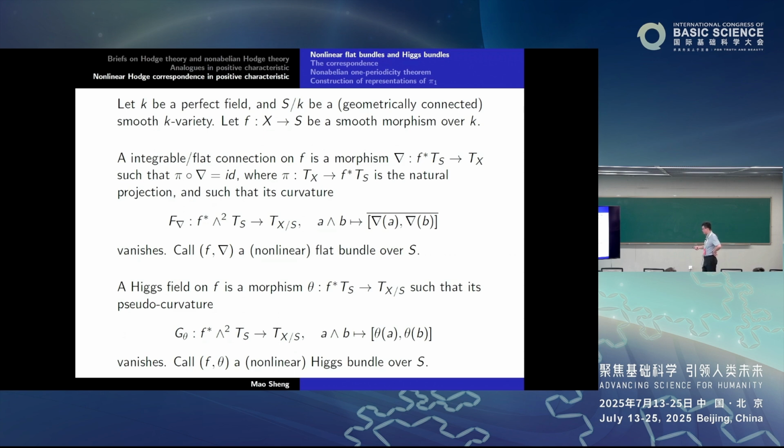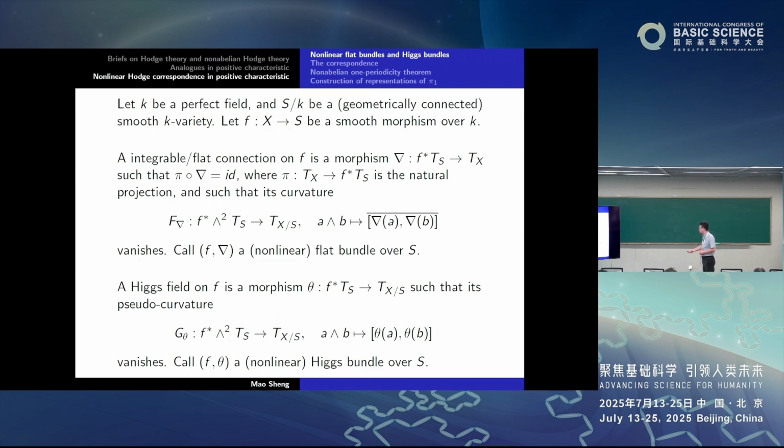For this pair, we call it a Higgs bundle over S. To distinguish it from the vector bundle case, we call it nonlinear. And we have ample examples of such.